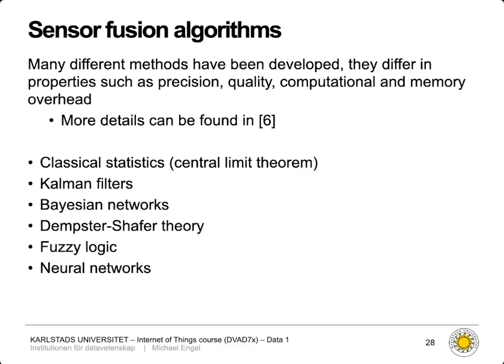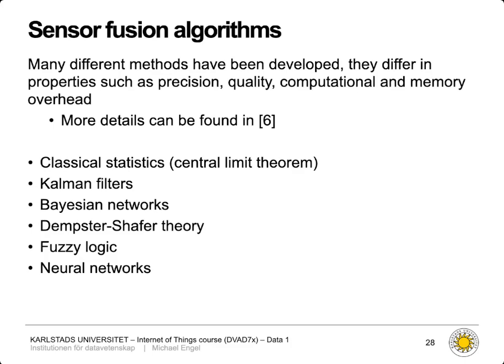First, to do the value fusion, there are a lot of approaches based on, for example, statistics and filtering to fuse the information itself. Different sensors differ in precision, in quality, in computation and memory overhead. I will just give some points here of techniques which might be involved, starting from relatively simple things like classical statistics and the central limit theorem, over Kalman filters, Bayes networks, Dempster-Shafer theory, and going into more complex things like fuzzy logic and even something that is very much discussed today, neural networks for fusing sensor data.